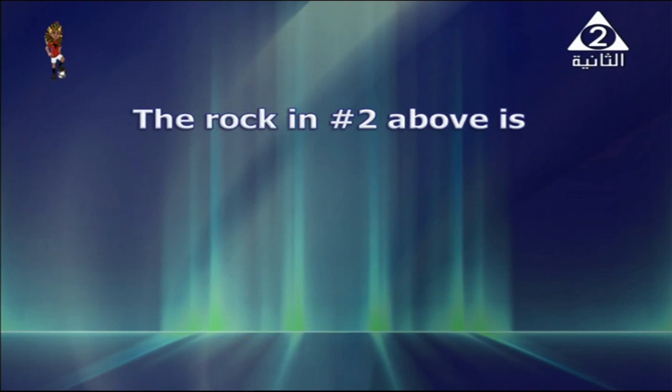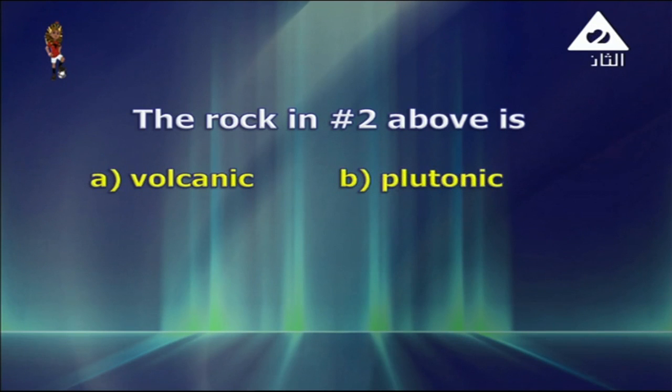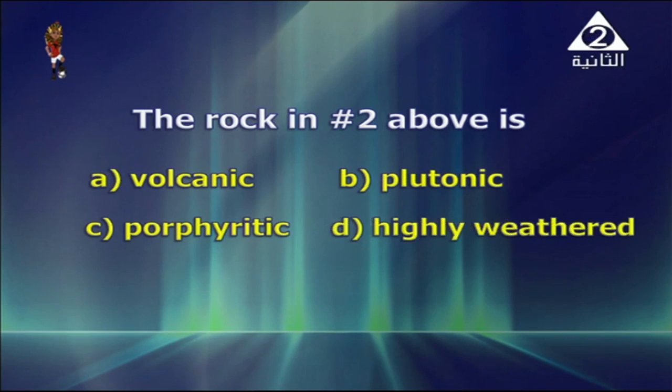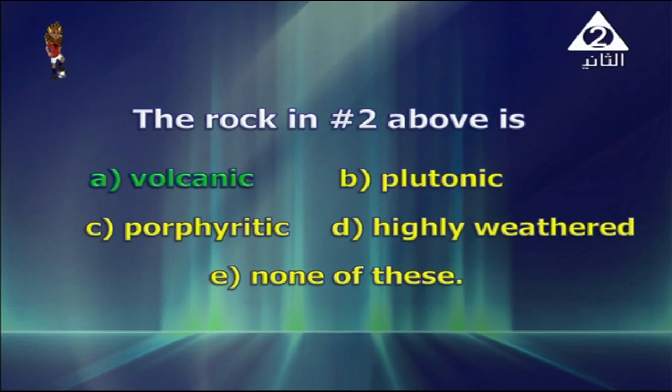The type of this rock, is it volcanic, plutonic, porphyritic, or highly weathered? And we have another choice here, which is none of the above choices. So it is a volcanic rock, andesite is a volcanic rock.